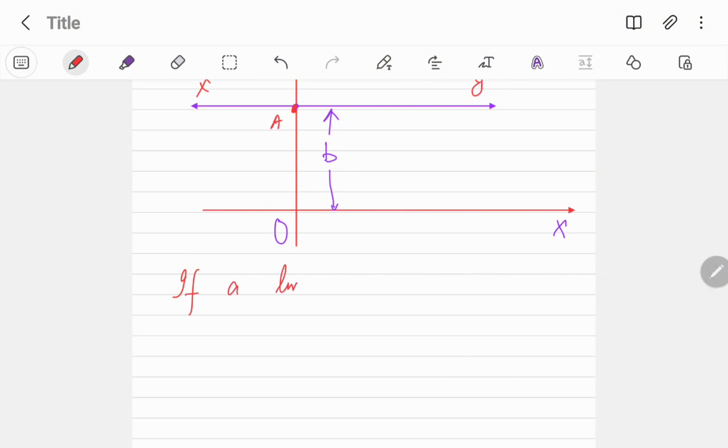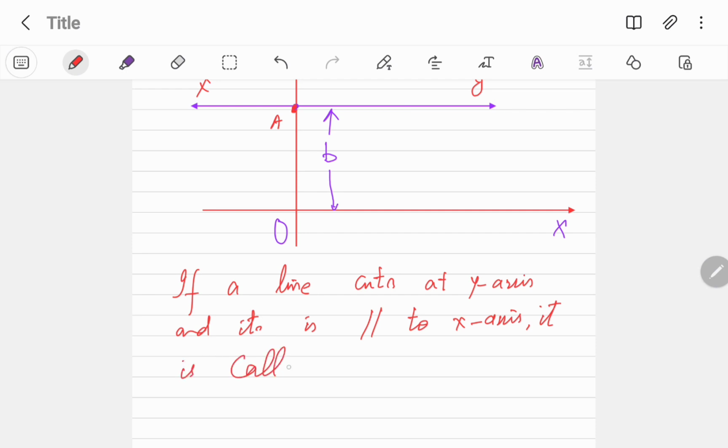If a line cuts at y-axis and it is parallel to x-axis, it is known as horizontal line.